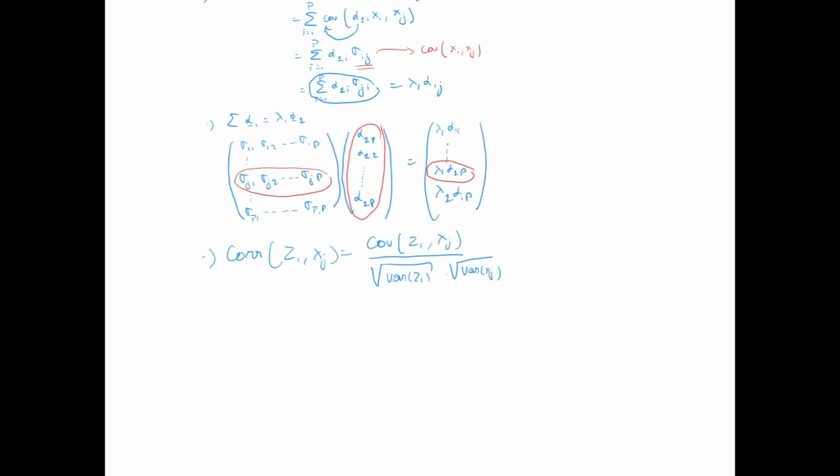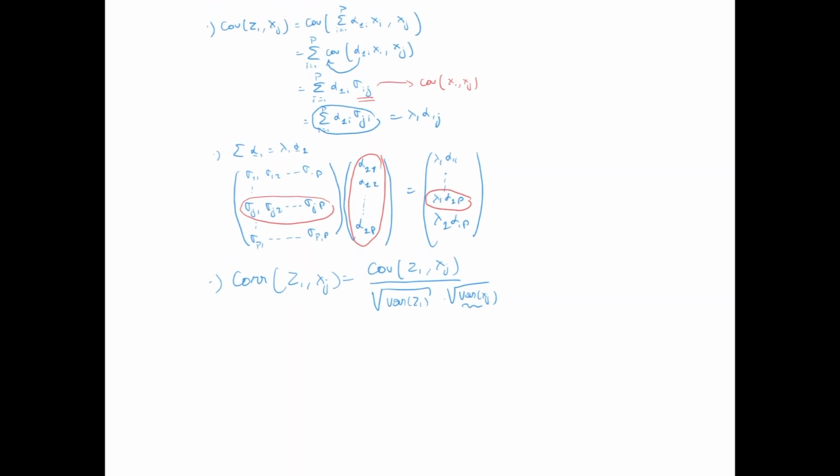The variance of xj is sigma squared, so the square root is sigma. The variance of z1 is equal to lambda 1, so I get here the square root of lambda 1. So this becomes lambda 1 alpha 1 j divided by square root lambda 1 sigma. So then we can simplify this and we get the formula square root lambda 1 alpha 1 j divided by sigma, which proves our results.